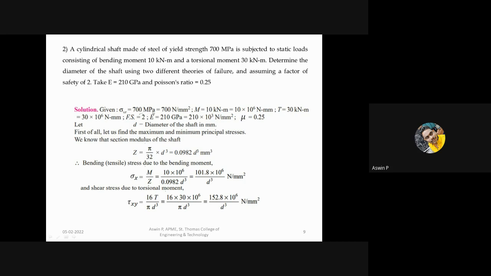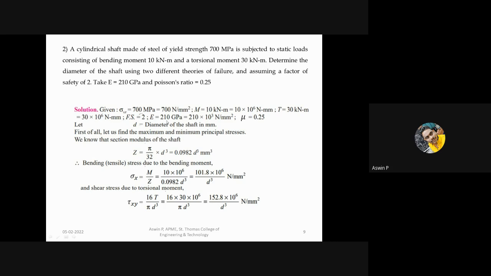700 MPa, that is 700 Newton per mm square. 10 kilonewton meter is the unit. When you convert into Newton, you multiply by 10 raised to 3. When converting meter into mm, you multiply by 10 raised to 3 again. So the final value of M will be 10 into 10 raised to 6, and similarly T will become 30 into 10 raised to 6.